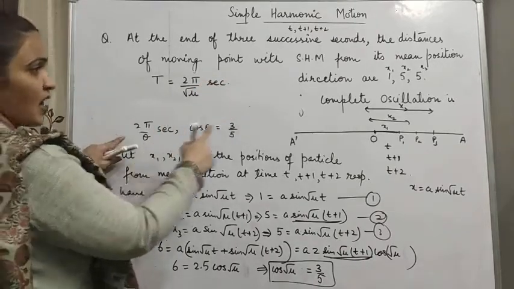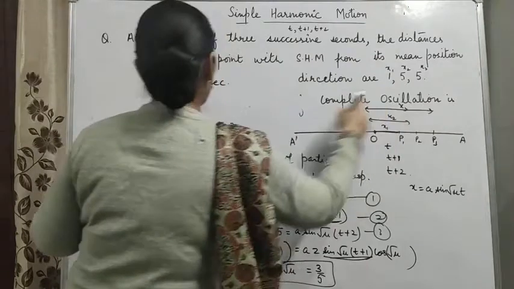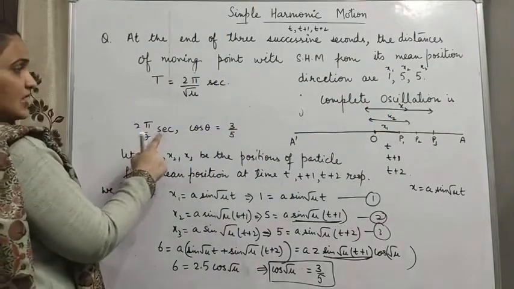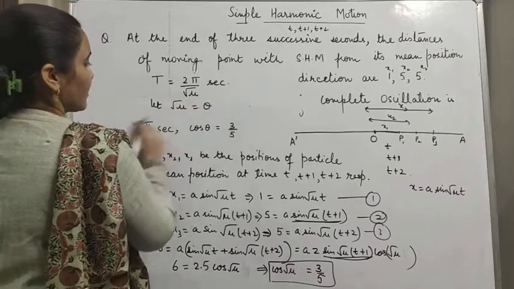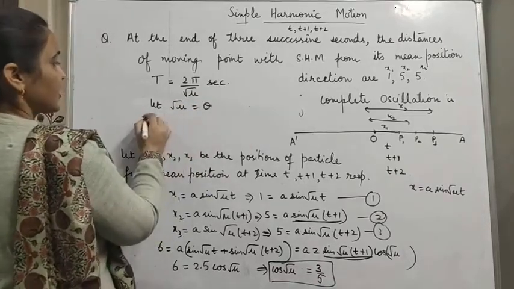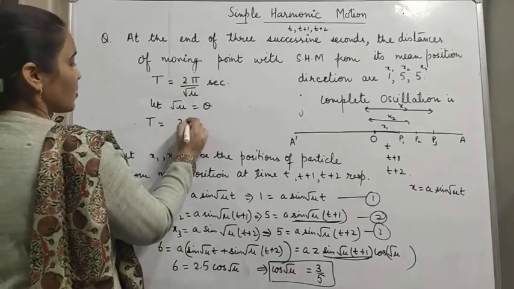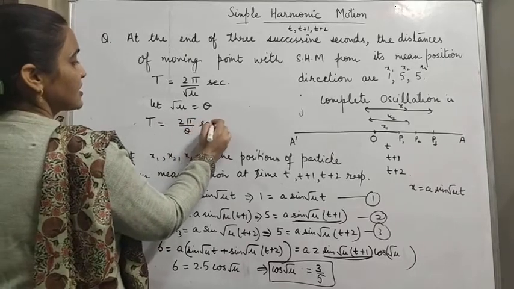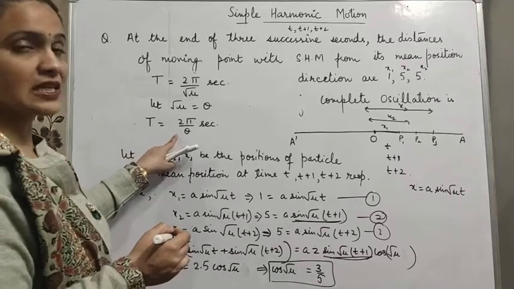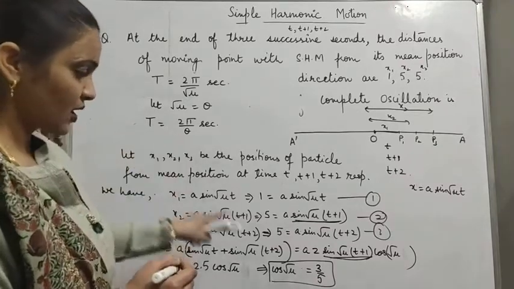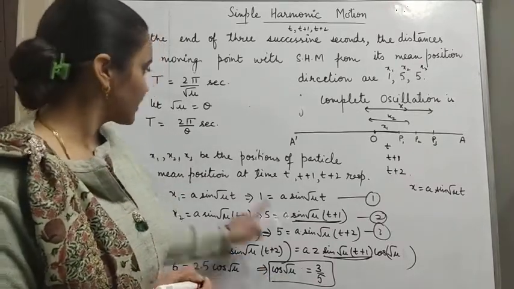So if you see here, the time period of complete oscillation is 2 pi upon theta seconds. So let under the root mu be theta. So how much time period do you have? 2 pi upon under root theta seconds, where cos theta is 3 upon 5. We have already done this. Put root mu as theta.